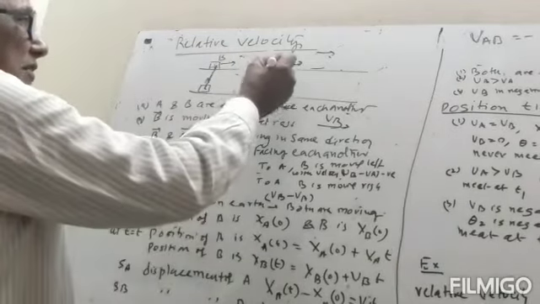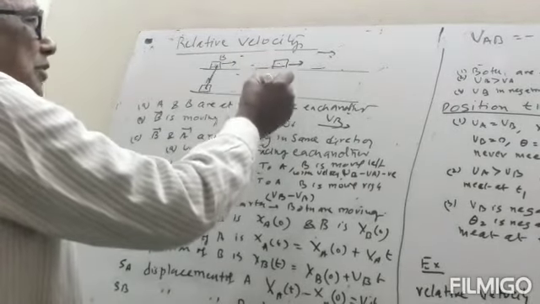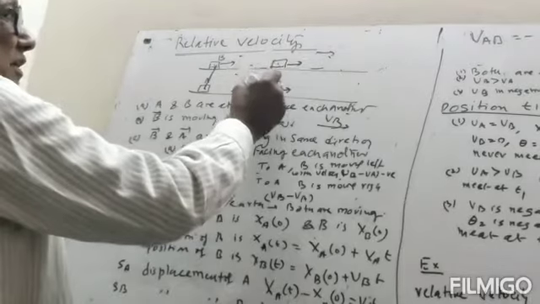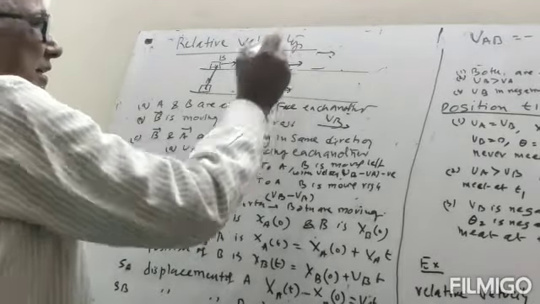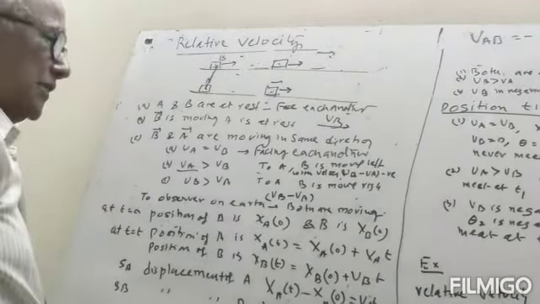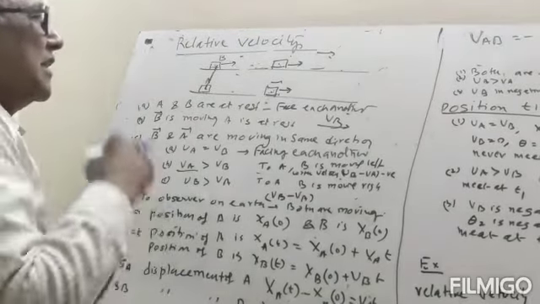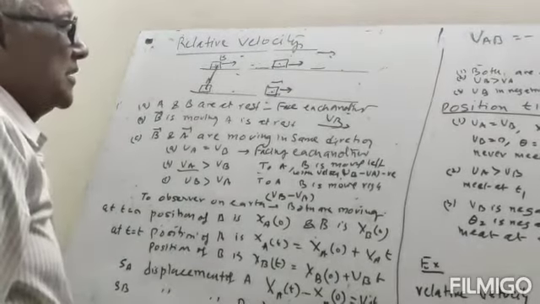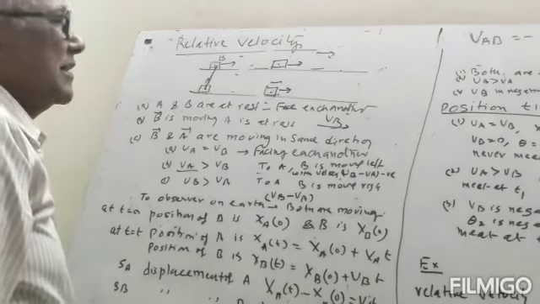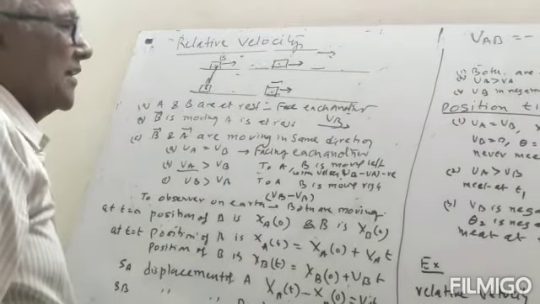But we cannot say that A and B are moving relative to one another, because their velocities are equal. Each passenger will be facing the other passenger in the other train, so they will say that we are at rest.